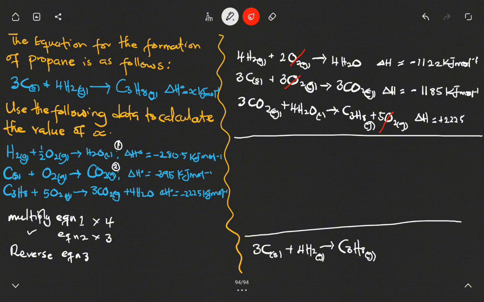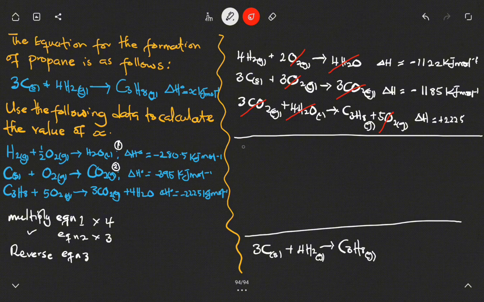Now we can also cancel out the carbon dioxide. We have 3 moles here, we have 3 moles here, so it is gone. Now the only thing left here is water. So we have 4 moles of water here, we have 4 moles of water here. So all those ones are gone, leaving what we are interested in.